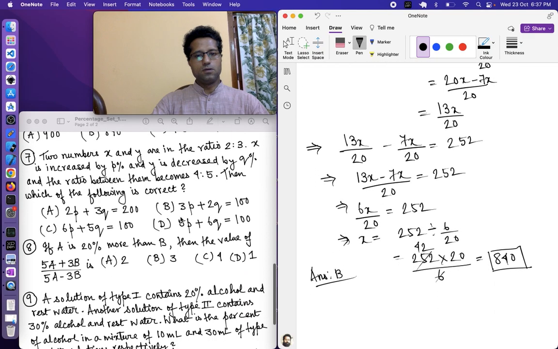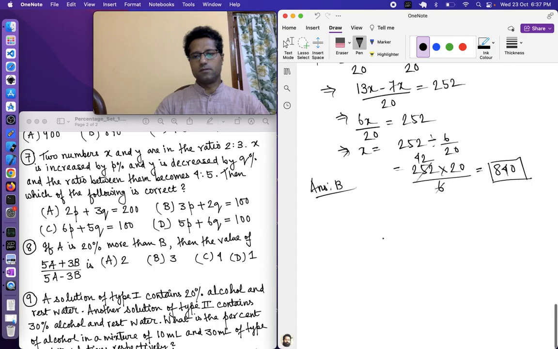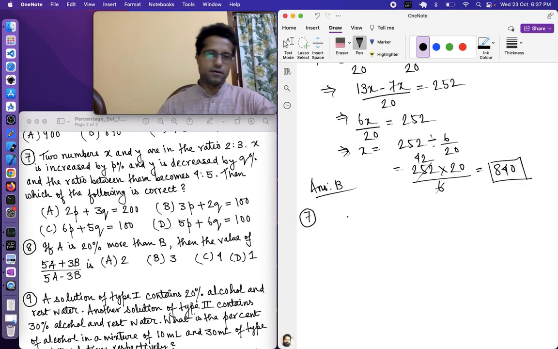Okay, let's do problem number 7. Two numbers x and y are in the ratio 2:3. x is increased by p% and y is decreased by q%, and the ratio between them becomes 4:5, then which of the following is correct? Okay, so two numbers are x and y, they are in the ratio 2:3.